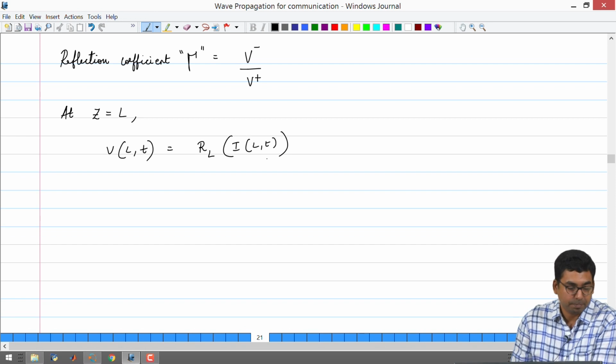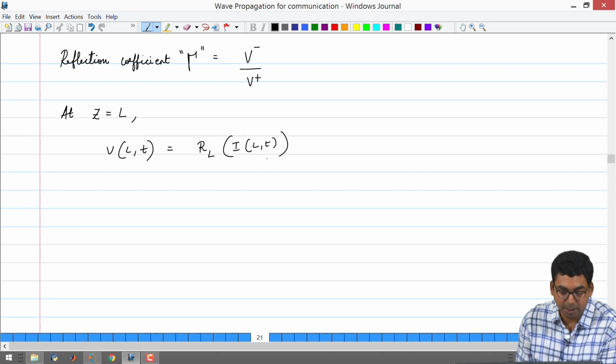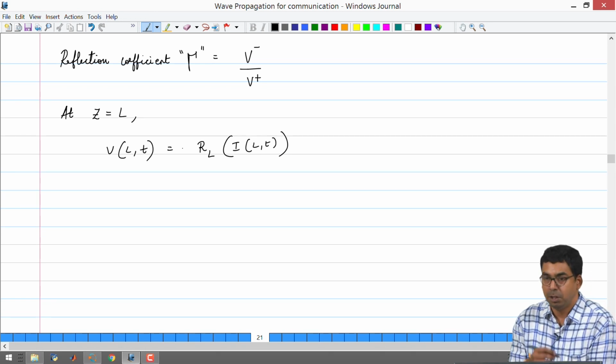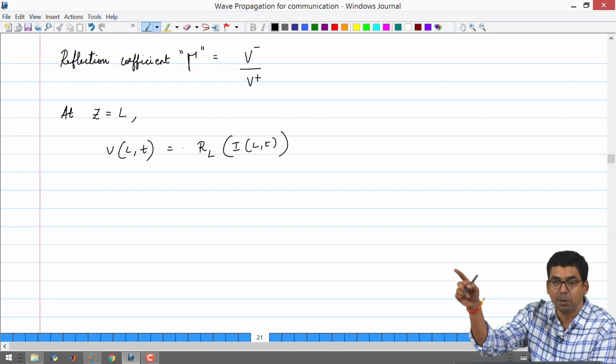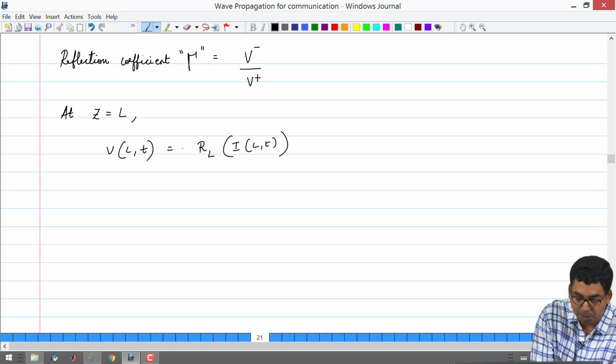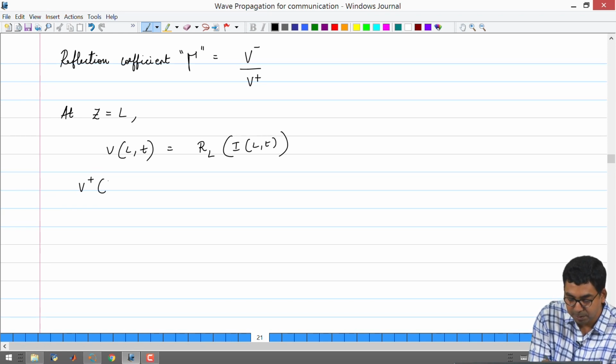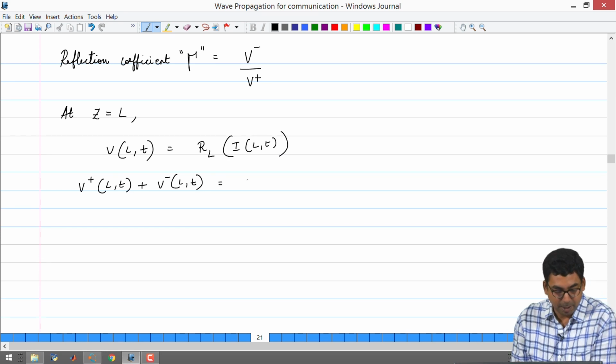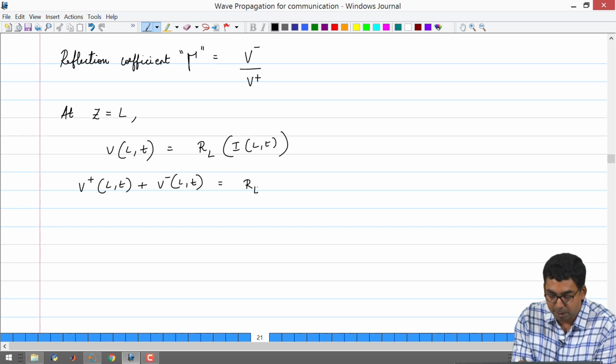We can write the expansion for the voltage at that position. You will have a forward voltage V plus and a backward voltage V minus. So, the left hand side has to be written as a superposition: V plus of L comma T plus V minus of L comma T is equal to RL times the expression for I of L comma T.